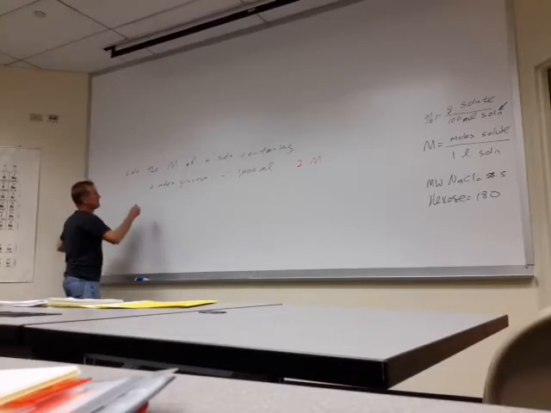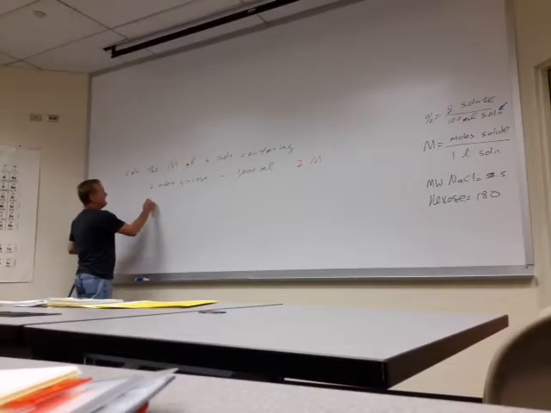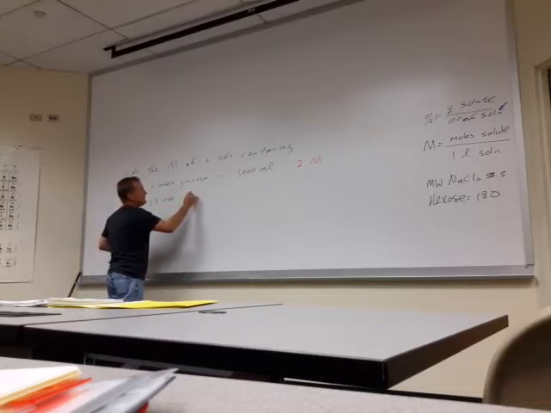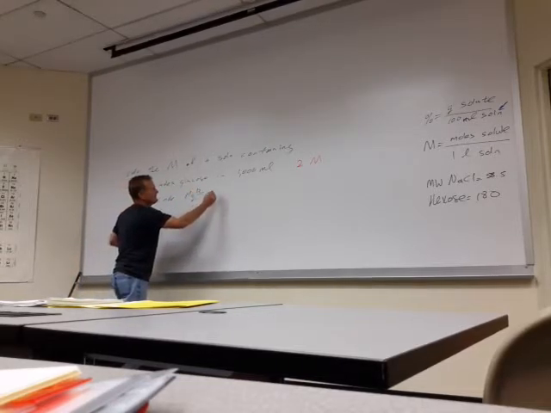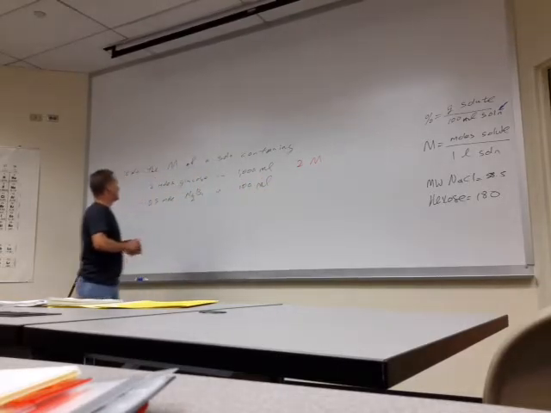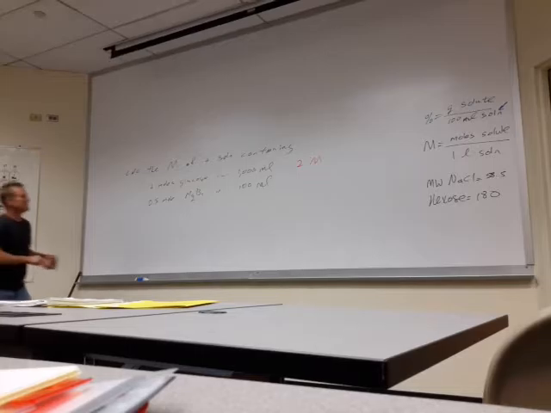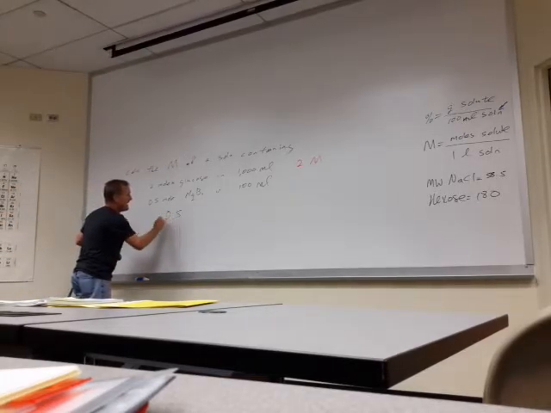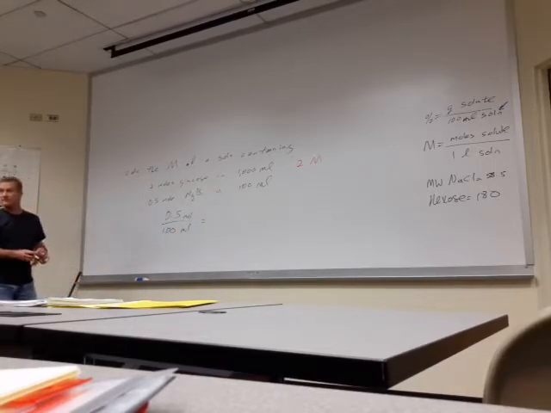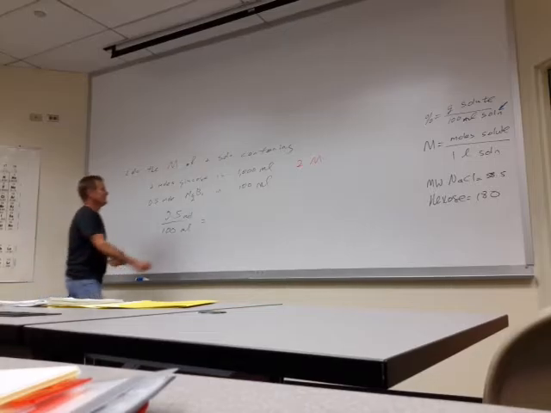I said we'd do 3 real quick. Half a mole of magnesium bromide and 100 mils. So if I've got half a mole and 100 mils, 5.